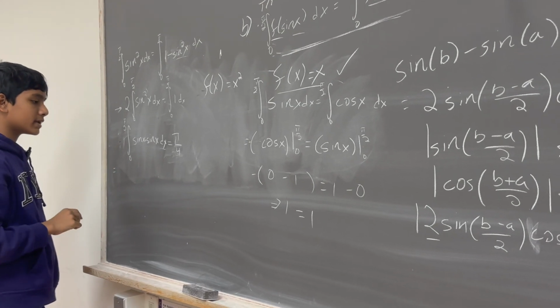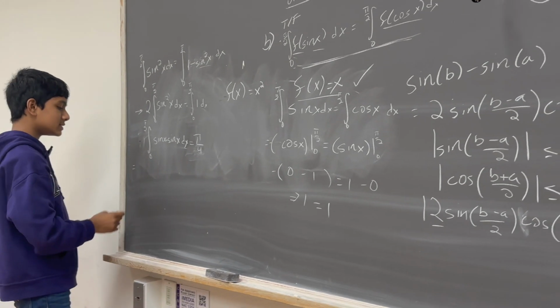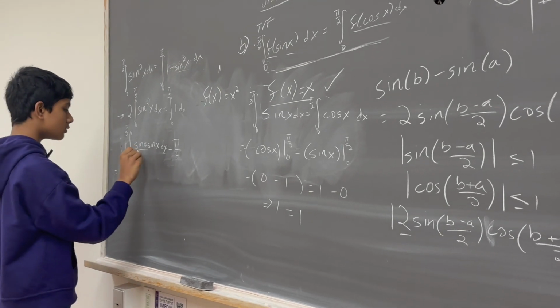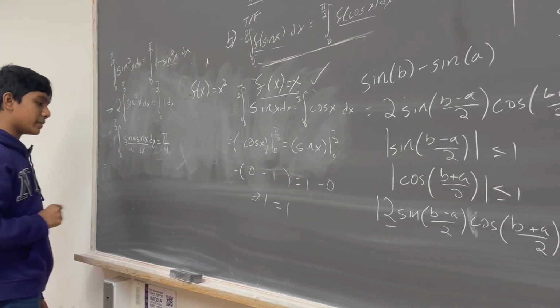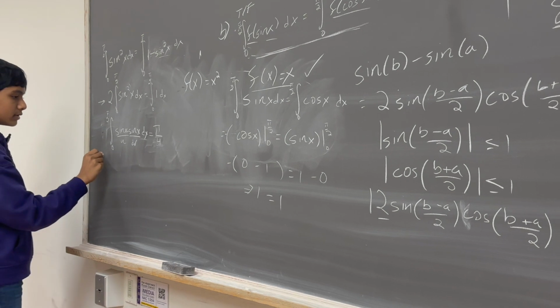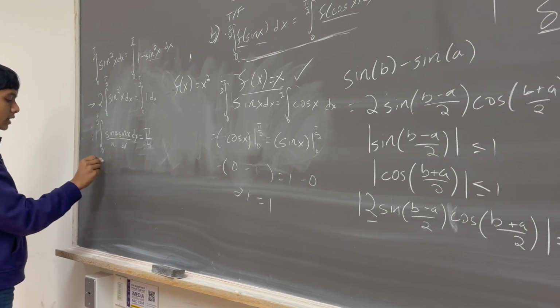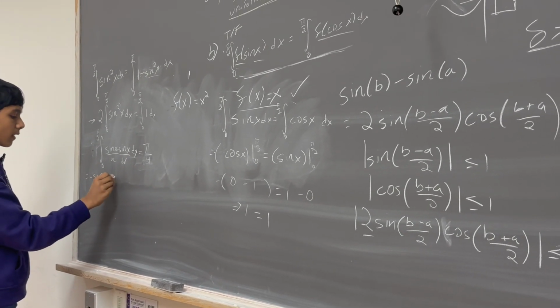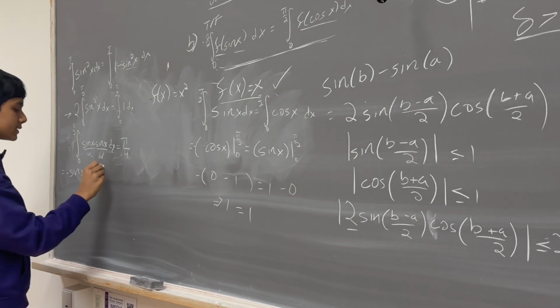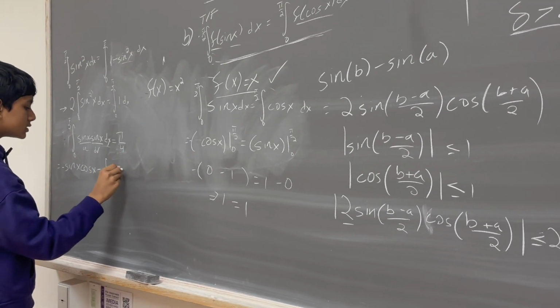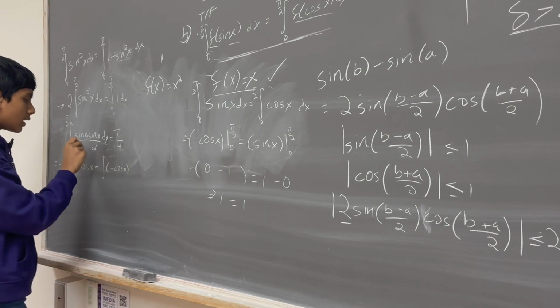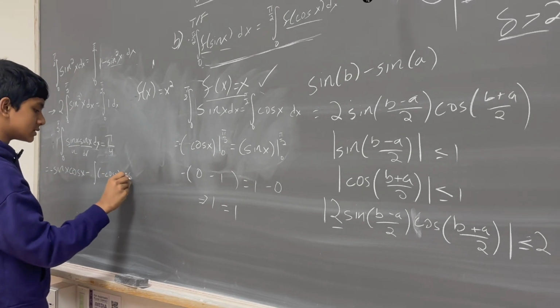So doing integration by parts, it doesn't really matter which one we pick for u or dv, but we get sine x times the integral of sine x, which is negative cos x, minus the integral of negative cos x times the derivative of sine x, which is positive cos x dx.